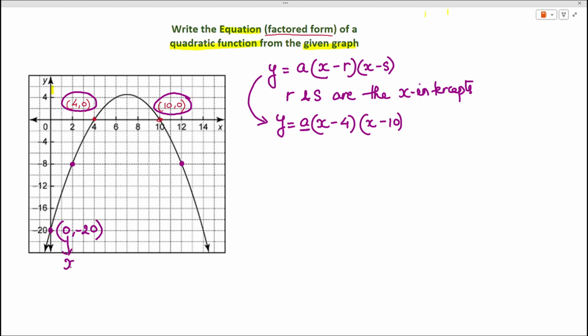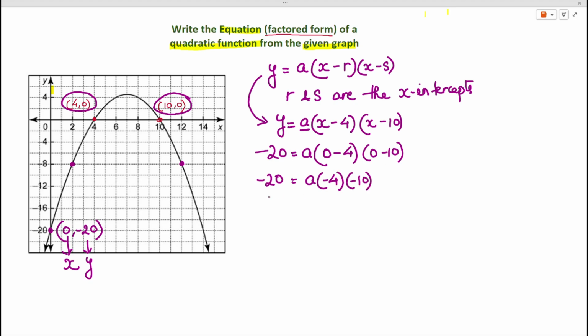So here the x value and the y value of this point we are going to substitute in our factored form equation. We get y, which is -20, equal to a(x - 4)(x - 10), so x is 0: 0 subtract 4 is -4, and 0 subtract 10 is -10.